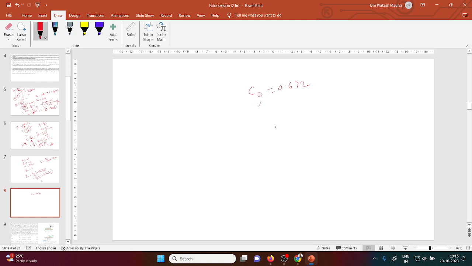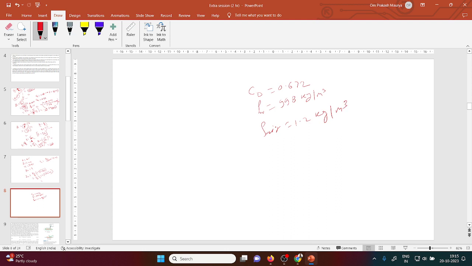Density of water rho is given 998 kg per meter cube. Density of air is 1.2 kg per meter cube, right?